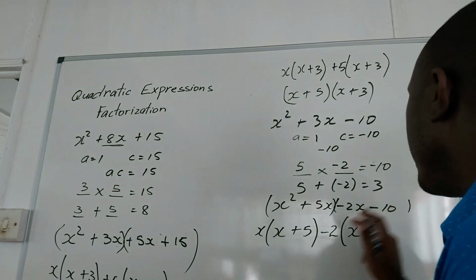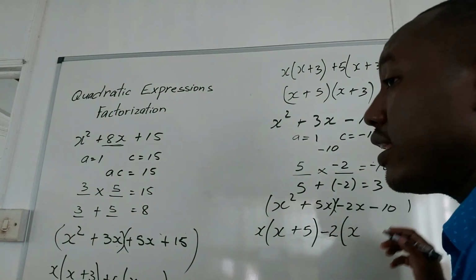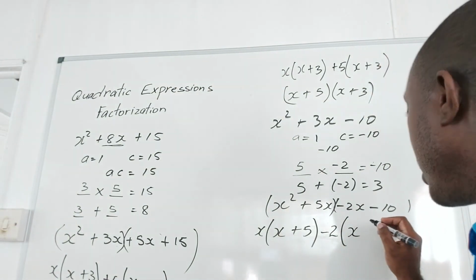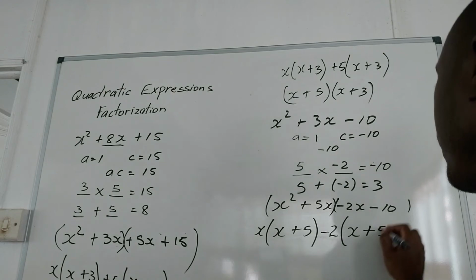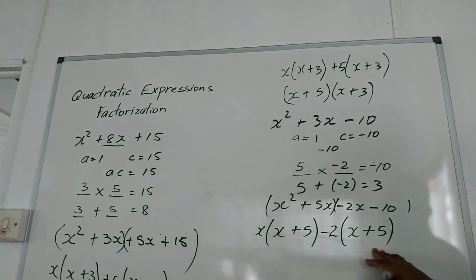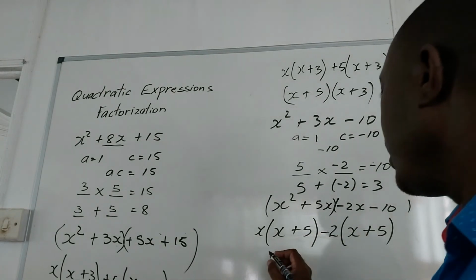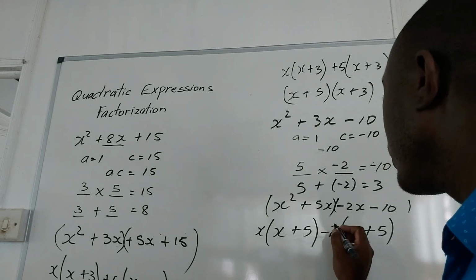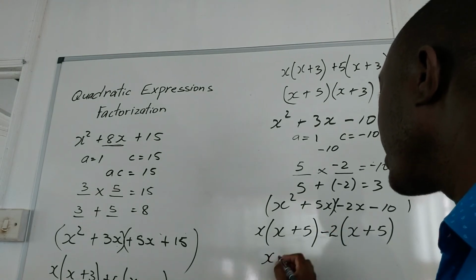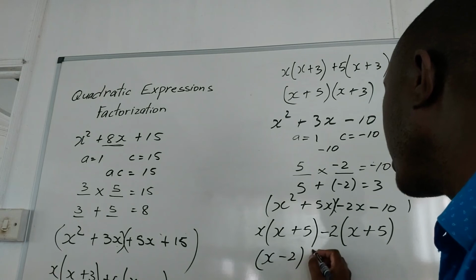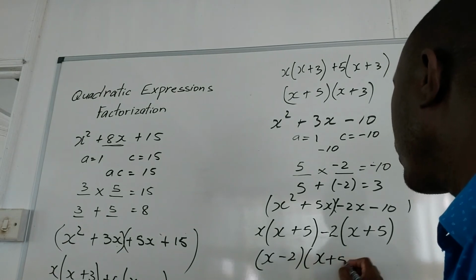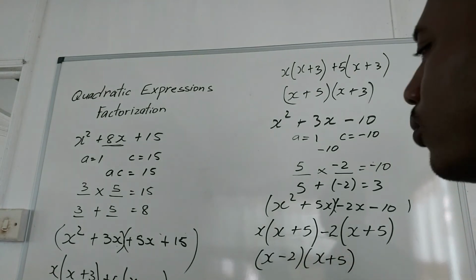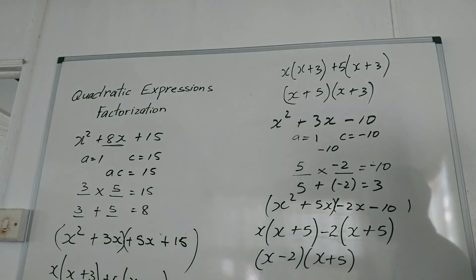And negative 10 divided by negative 2, a negative divided by a negative, will give us a positive 5. So our brackets are the same. And we put our factors in one bracket. So we have x minus 2 in one bracket, x plus 5 in another bracket. And we have it in our binomial form.